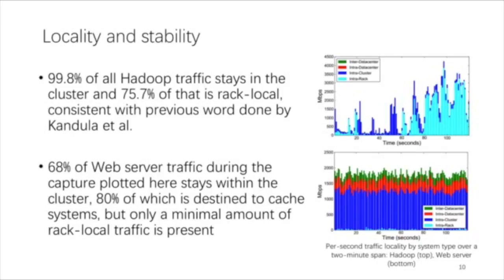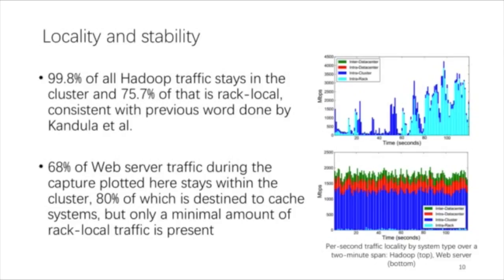So now let's see locality and stability. So as we can see, the upper images are for Hadoop servers. So in the 120-second time interval, 99.8% of all the traffic stays in the cluster.